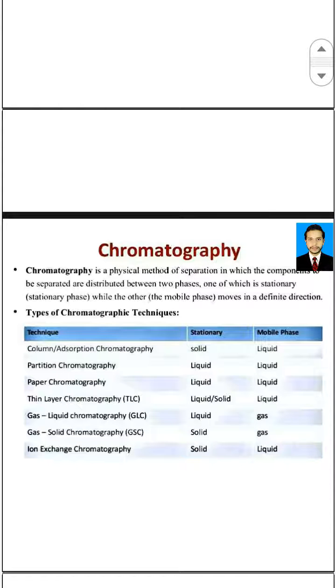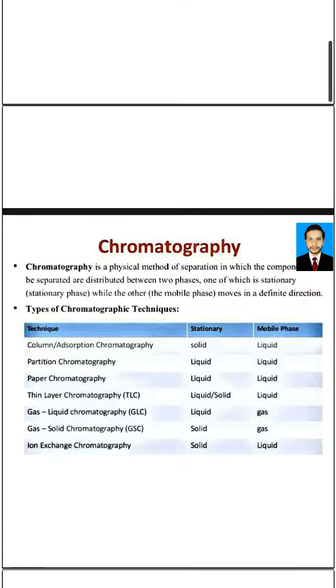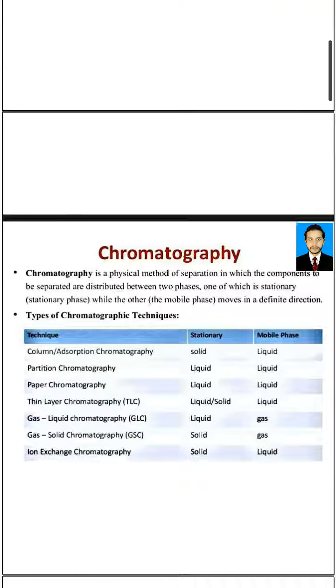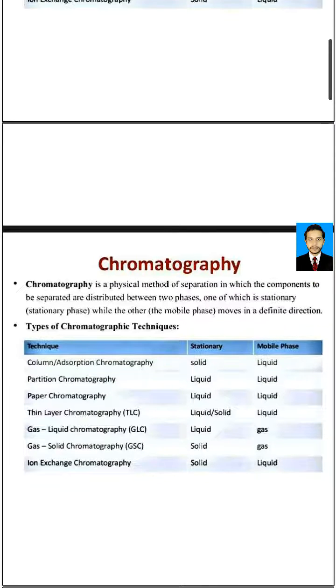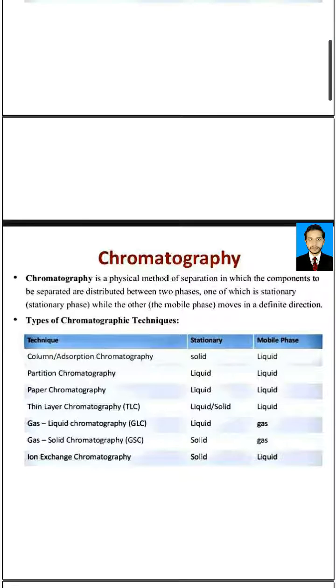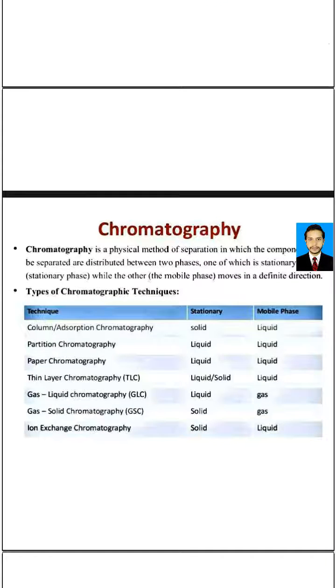As we know, the stationary phase may be solid or liquid and the mobile phase may be liquid or gas. If the stationary phase is solid, then it will be adsorption chromatography. If the stationary phase is liquid, then it will be partition chromatography.